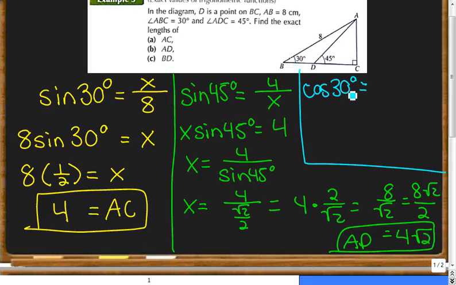But the cosine of 30 degrees would be the same thing as x plus 4 over 8. So we would have x plus 4 equals 8 times the cosine of 30. And now I'm going to move this to the bottom part.